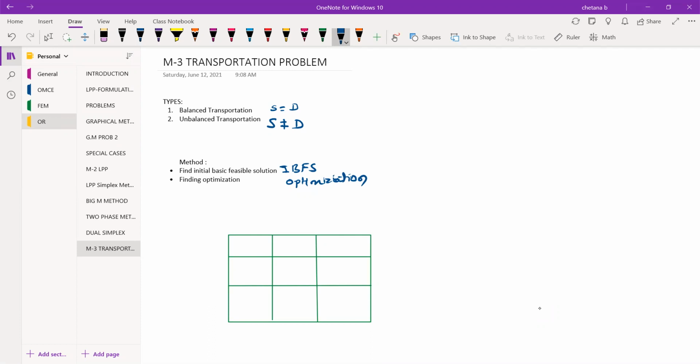Say there is one problem here. There are three sources and three destinations. And there are costs for each source to each destination.